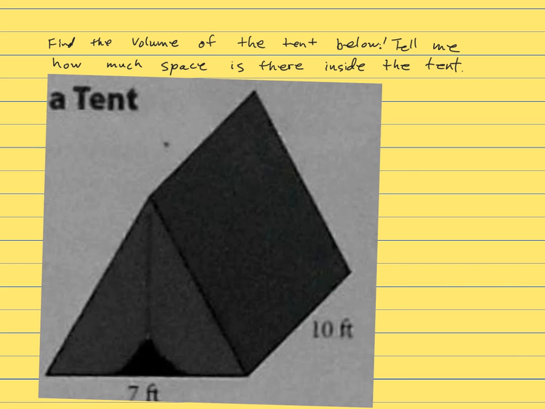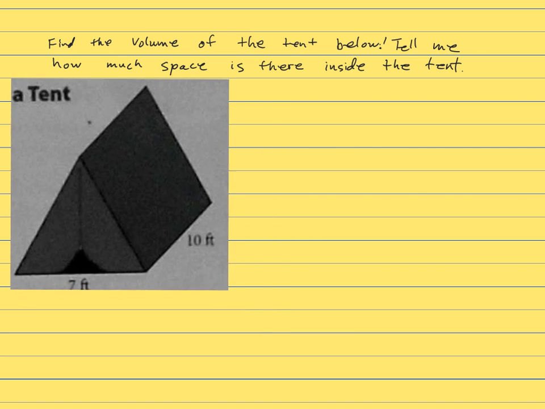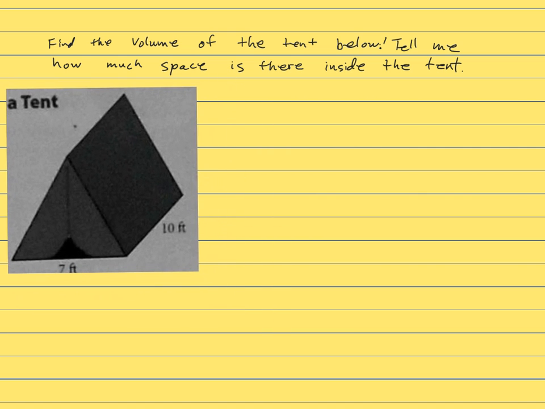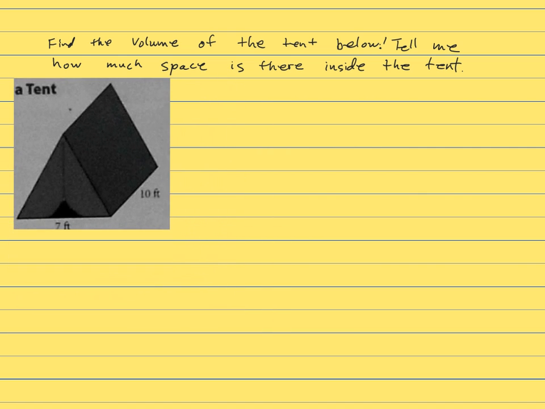Okay, so let's do some calculations to figure out all that information. Now, the problem asks how much space there is inside something. So here's what you need to understand: volume is a measure of the space inside something.